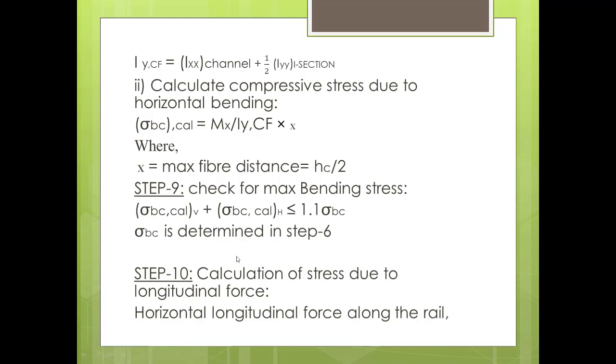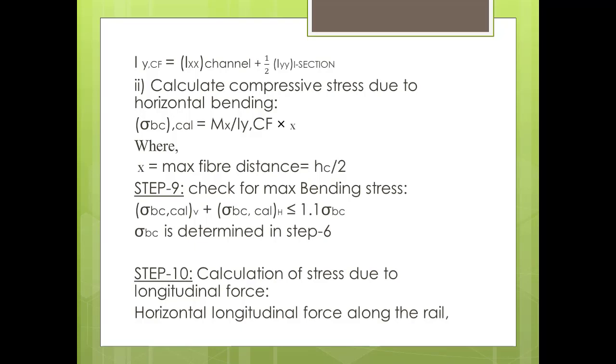Now step 9. In step 9, we have to check for maximum bending stress. This is nothing but the addition of both, that is sigma BC calculated for vertical and sigma BC calculated for horizontal load. The combination of both should be lesser than 1.1 sigma BC.